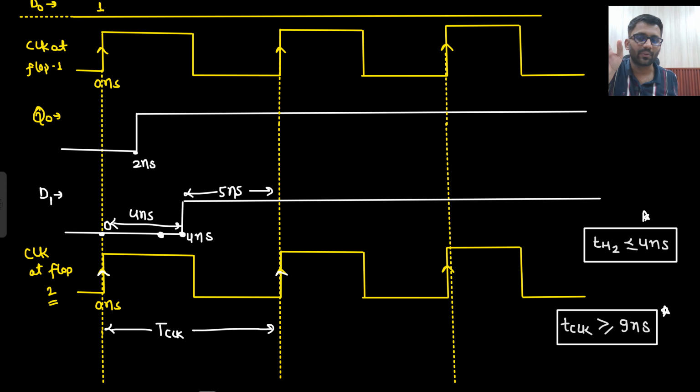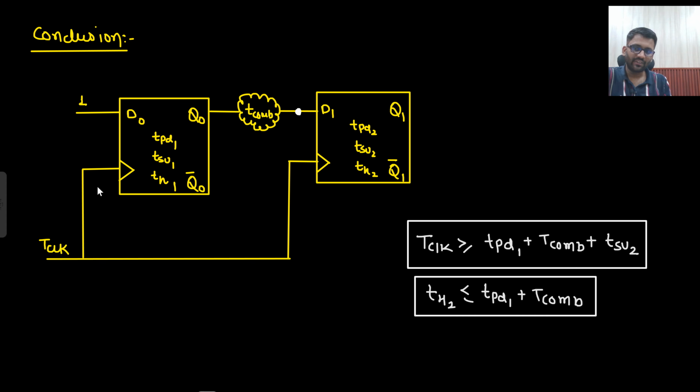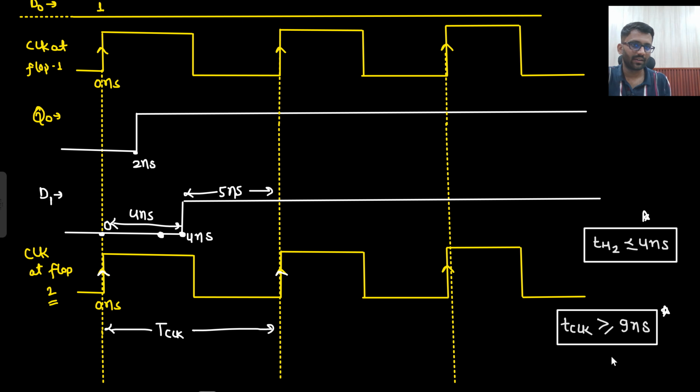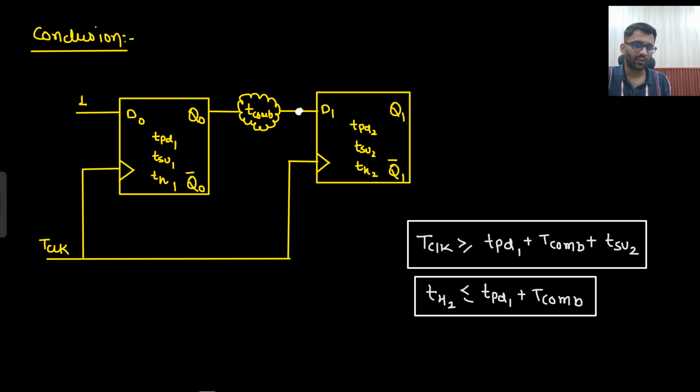So how will you remember it now? First I will see this is constant, so no need to worry about that. The worry is this. From here, how are we reaching? We are reaching from here to here. So first my clock will go here. It will have to go through TPD1, or you can say clock to Q, then through T combinational 1. After that it needs the T setup time margin as well.